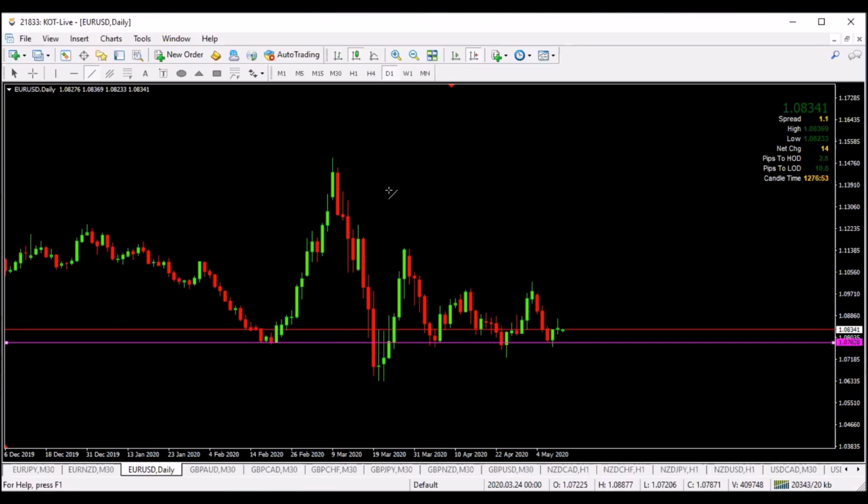Then it hits that resistance so many times before it comes back down or before price breaks through the resistance. And when I'm talking price, I'm talking about the candles. If I were to draw my trend line, I want it to touch at least 2 points, 2 to 3 points.